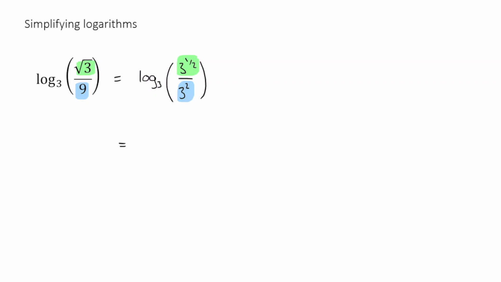Well, if that's the case, then I can use the second rule I did earlier: a to the power of x divided by a to the power of y is a to the power of x minus y. So I've got to take the power of a half and subtract 2 from it. So I do a half minus 2. So what will I get here?